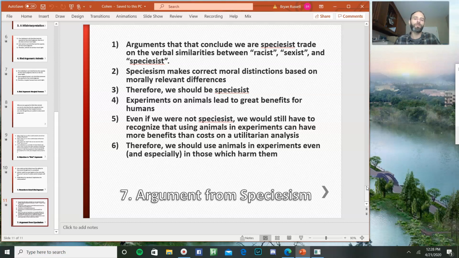If the capacities are what make a difference for moral standing, then why have the middleman of species? It doesn't seem to be doing any work. It just seems like a nice shortcut to making sure that we only need to consider ourselves, or that we are more important. So it's a shortcut to self-aggrandizing morality.